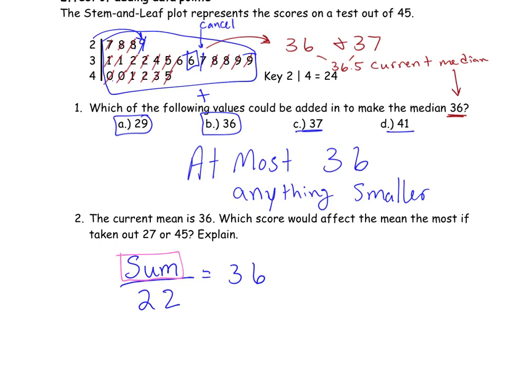To get back to that number, we can multiply both sides by 22. And 36 times 22 gives us that the sum of the current scores is 792. That is our current sum.